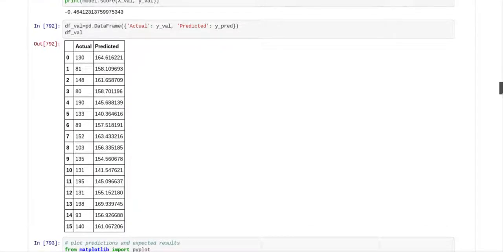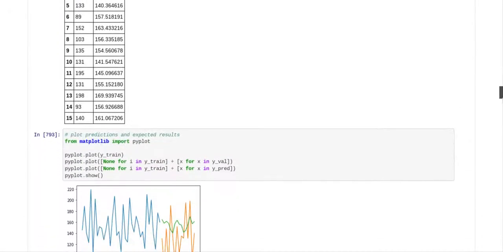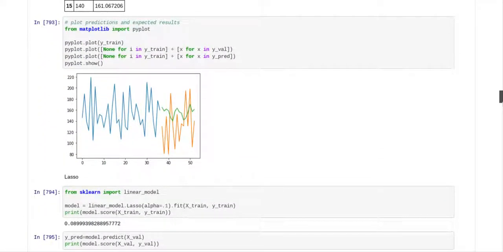So these are your predicted values, and you can see that the predicted values are similar to the previous predicted values. And we did another graph, and you can see how the predicted values relate to the actual values.